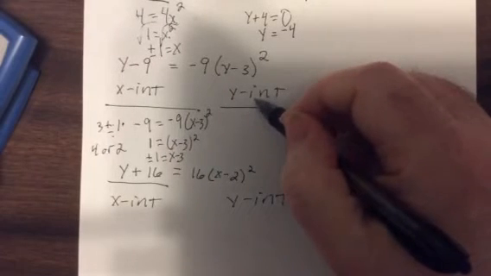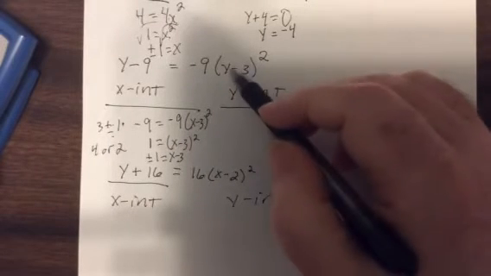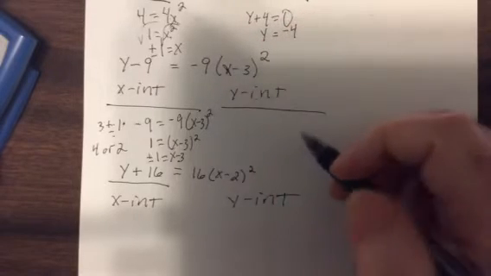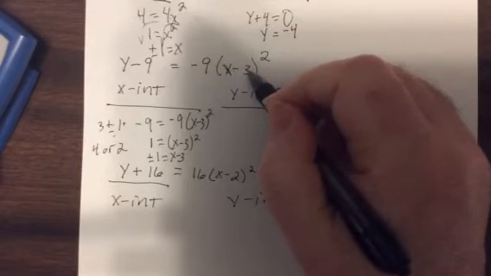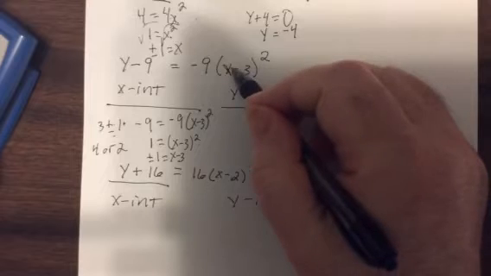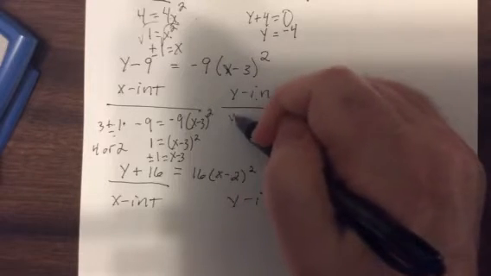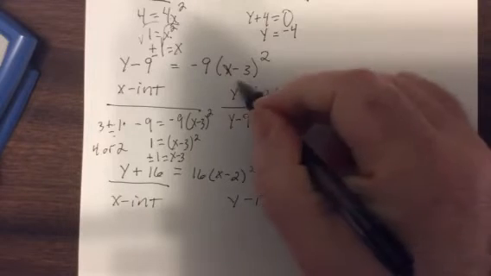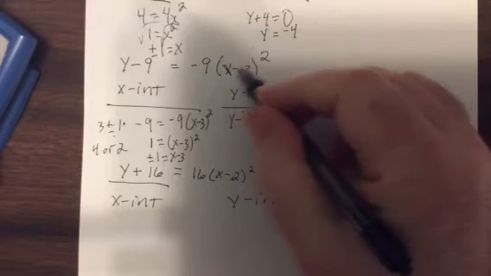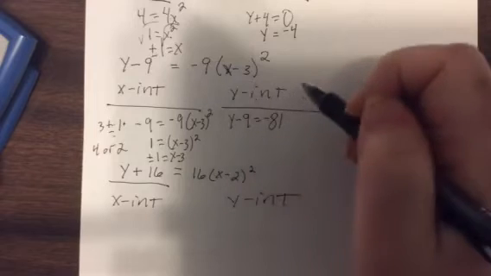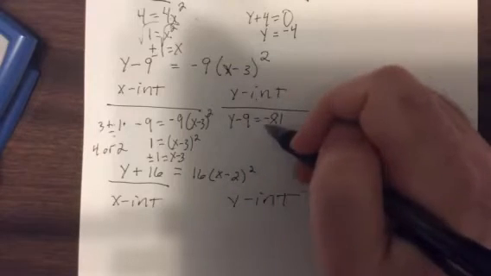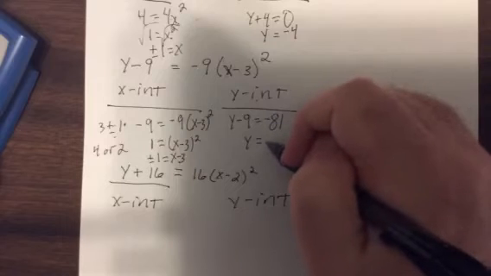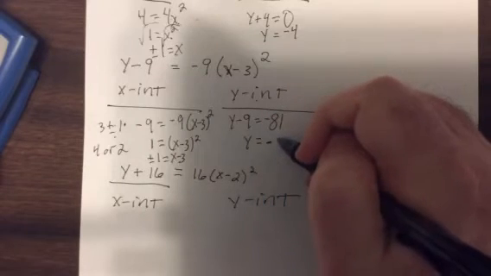And the y-intercept, put 0 in for, should be an x, sorry. 0 minus 3 is negative 3, squared is 9, so this is negative 81. Holy cheese. Add 9 to both sides, so the y-intercept is negative 72.